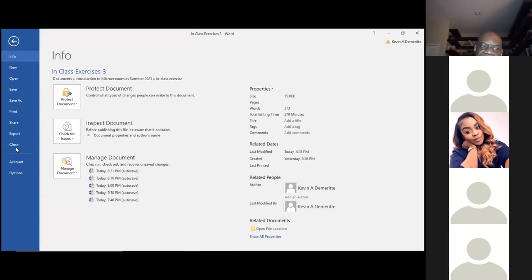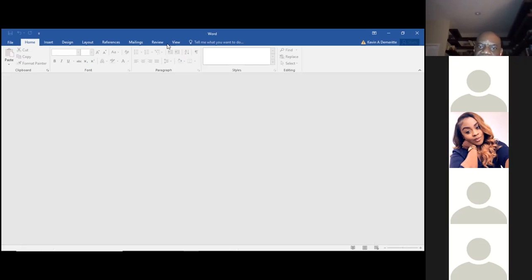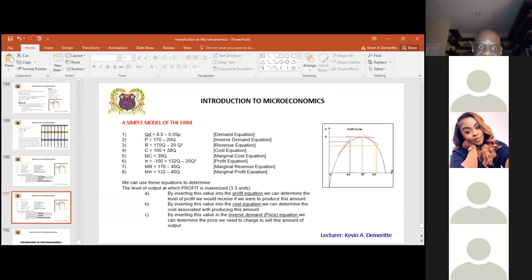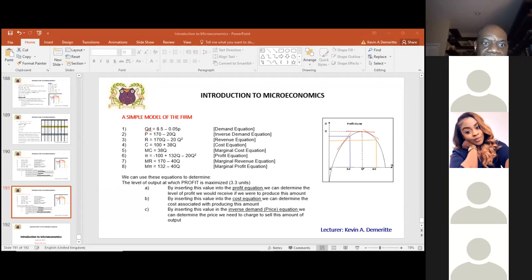Let's close that, and let's go back to our notes. I need microeconomics, and what do they call this? Class exercise. Please see attached.